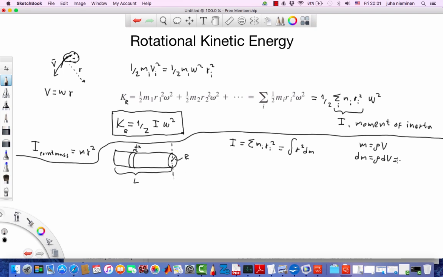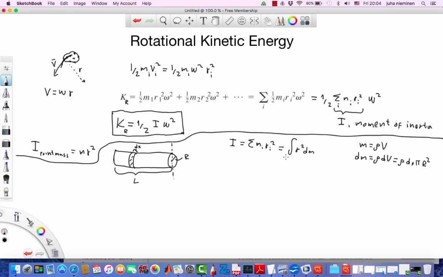So in this case we can write the volume of this slice is the dx, the length, times the area, pi r squared.